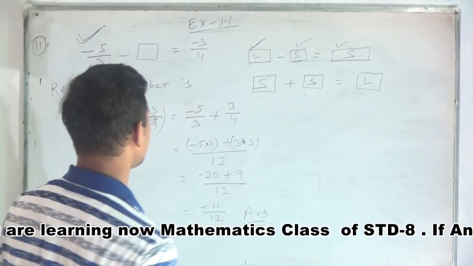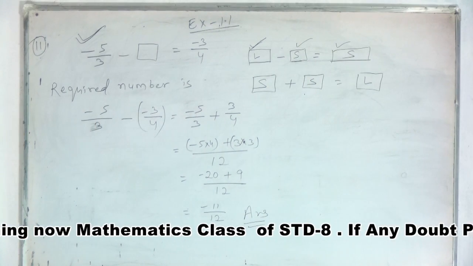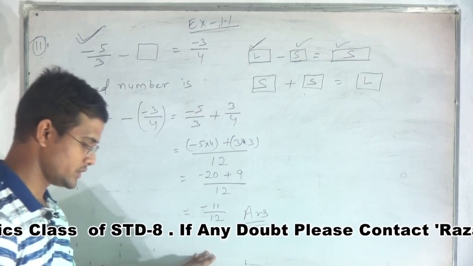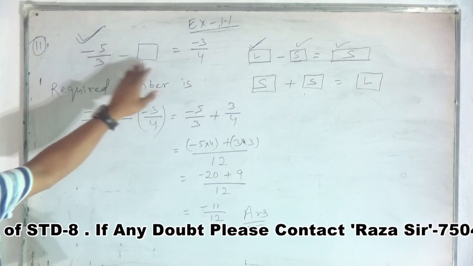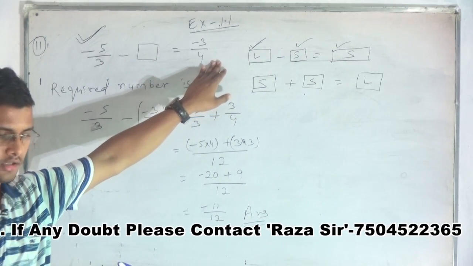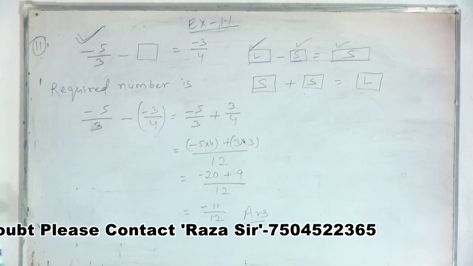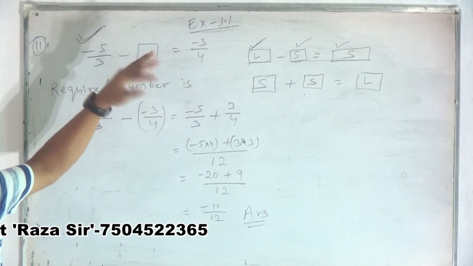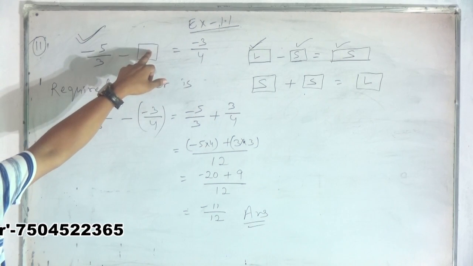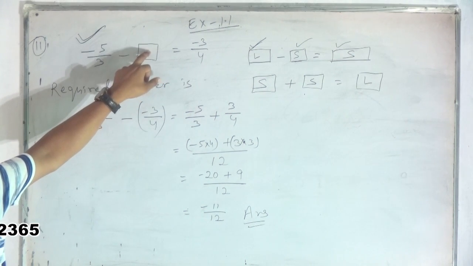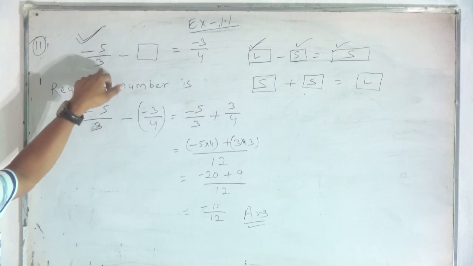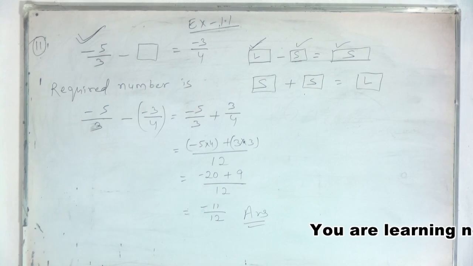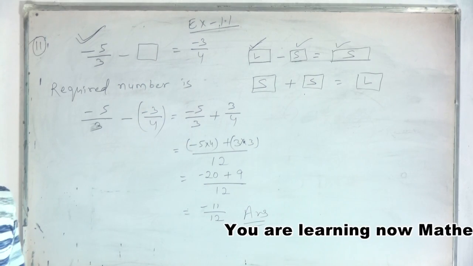That is your answer. Required number is minus 11 by 12. That means this should be subtracted from this, you get minus 3/4. You can also do it in algebraic form. You take x as the smaller number, then x is equal to minus 5/3 minus 3/4. You can solve it.